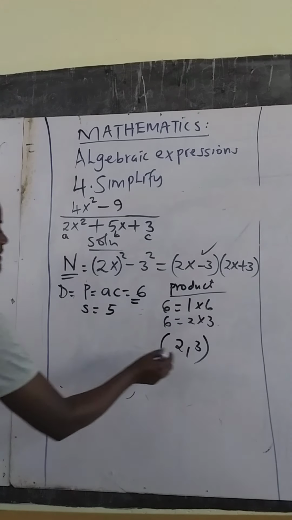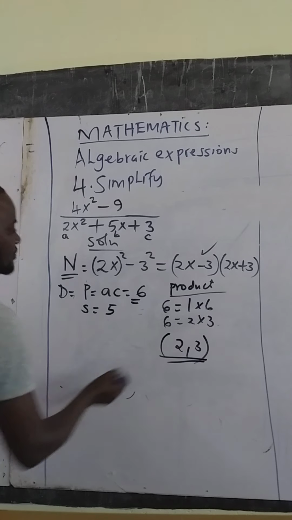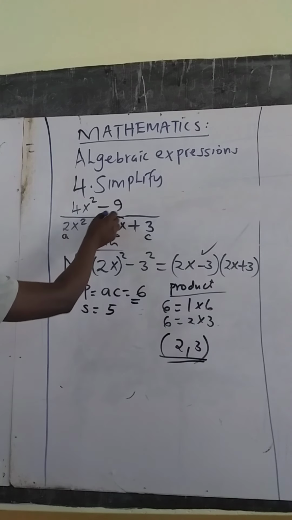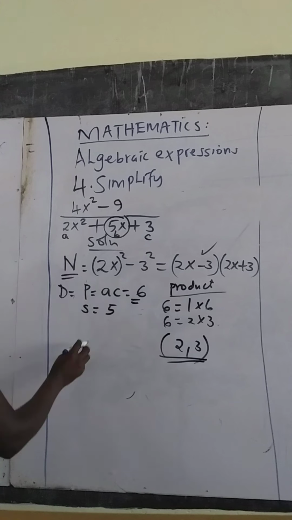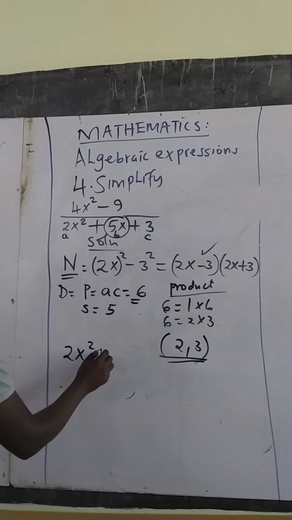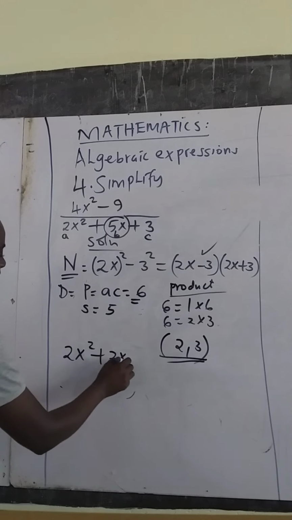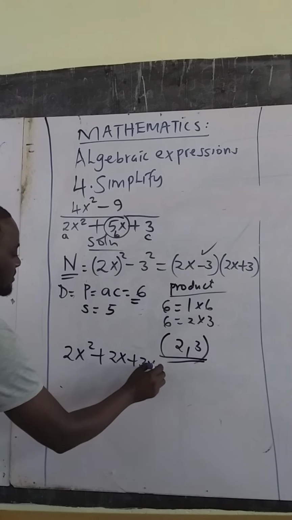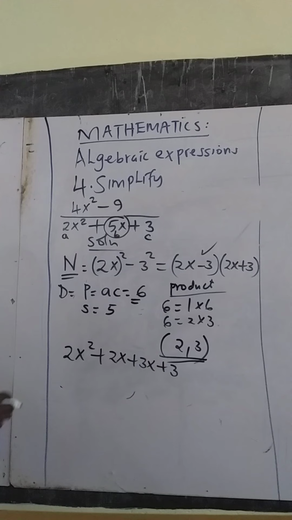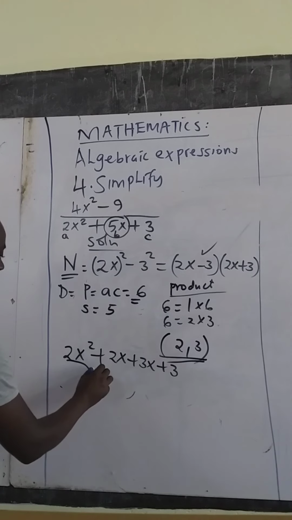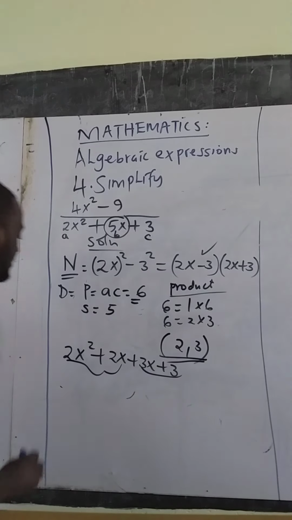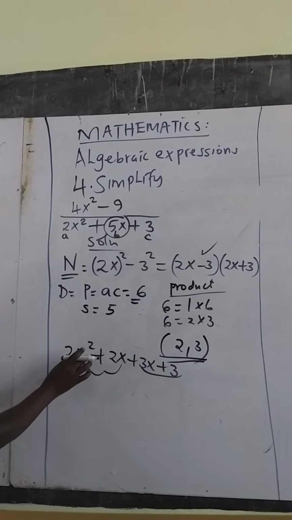Then substitute these values where we have this part, and this will give us 2x squared plus 2x plus 3x plus 3. Then get a pair, then factor out a pair. What is common in the first part? 2x is common.